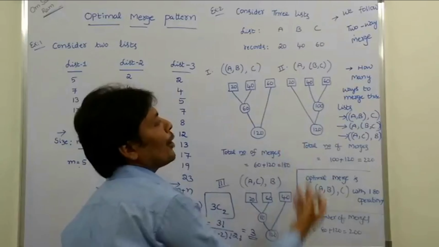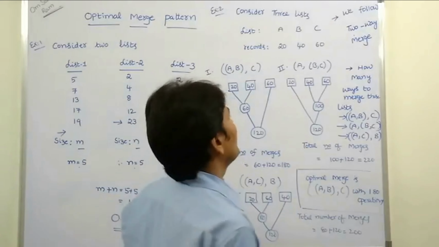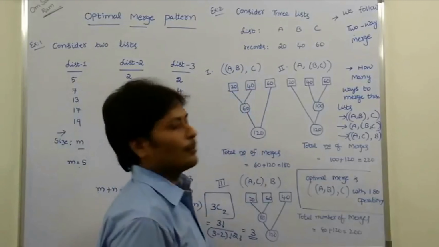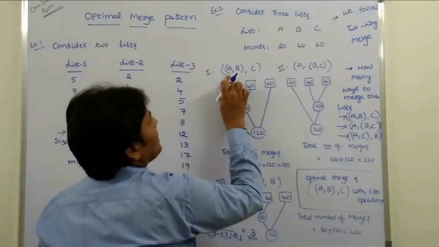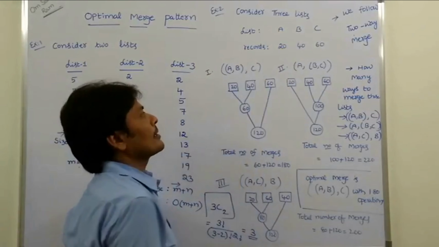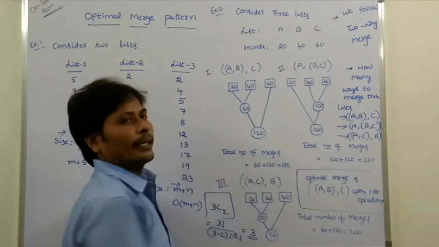So how are we performing the merging operation? First possibility is A, B with C. List A contains 20 records, list B contains 40 records.